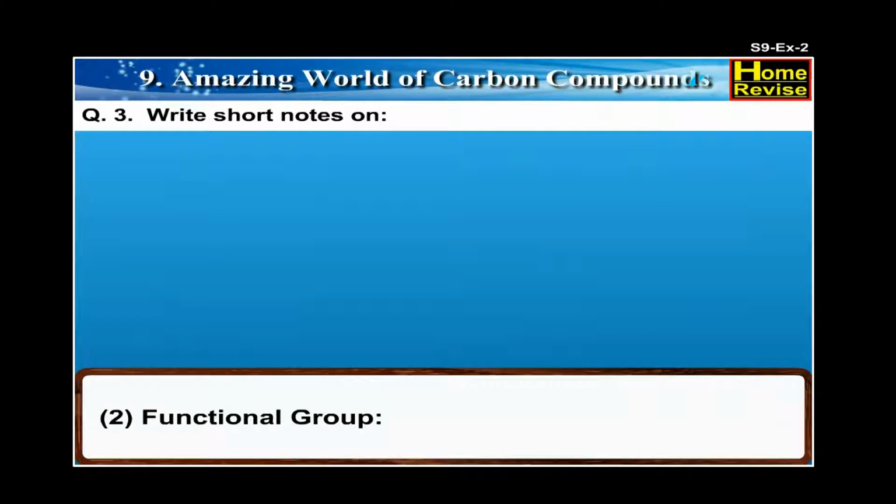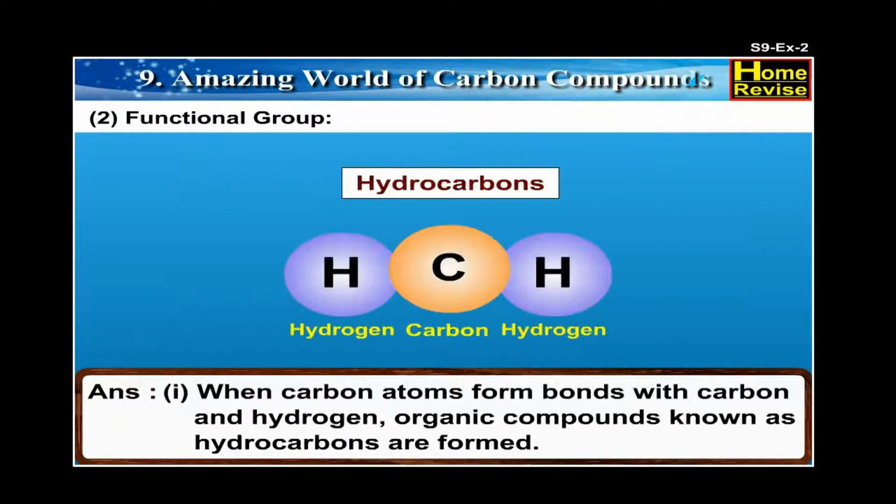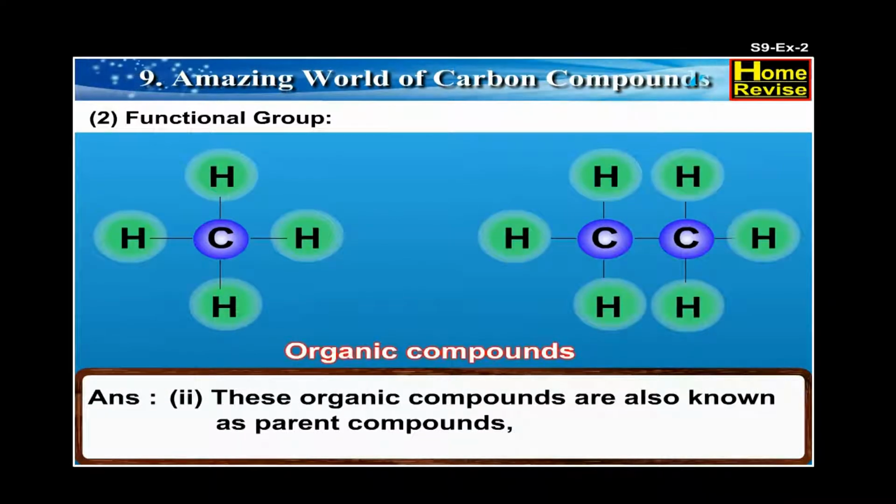Second, functional group. Answer. First, when carbon atoms form bonds with carbon and hydrogen, organic compounds known as hydrocarbons are formed. Second, these organic compounds are also known as parent compounds.